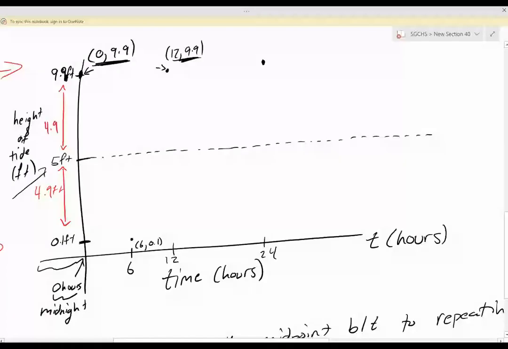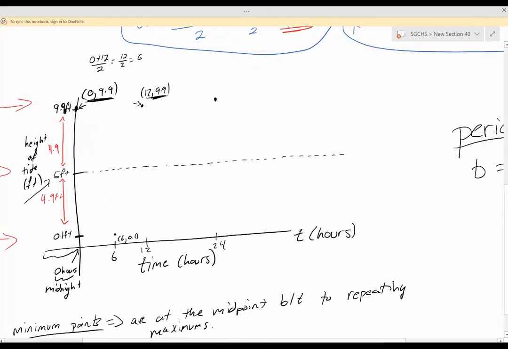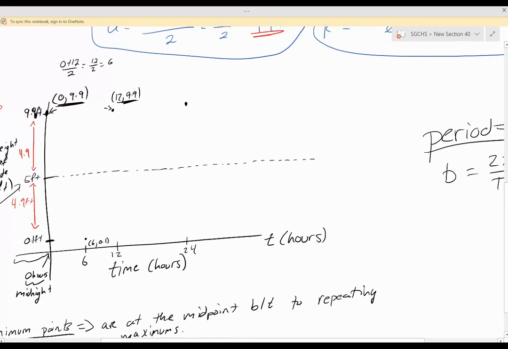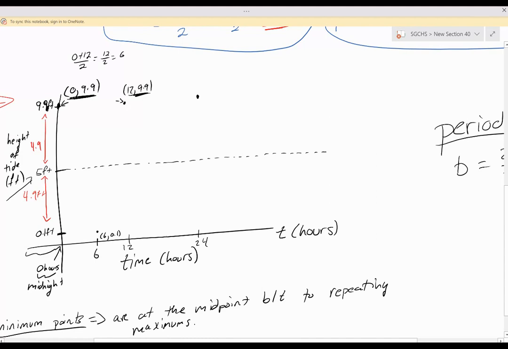Now recognize min points or minimum values occur for the period. So we know our period is every 12 hours. So our next minimum will occur 12 hours after 6, which is 18. So here we have 18 and 0.1.